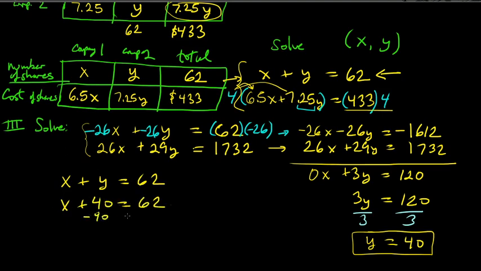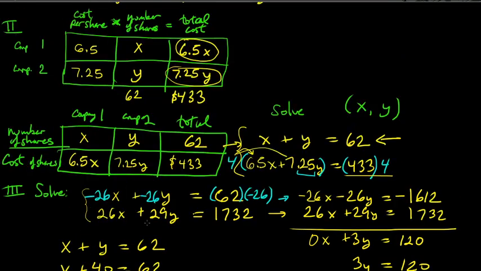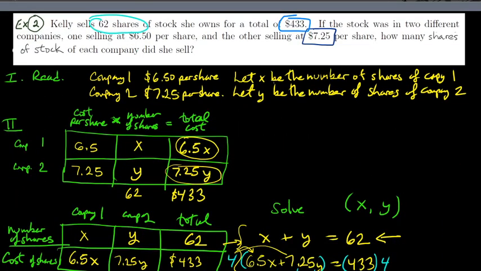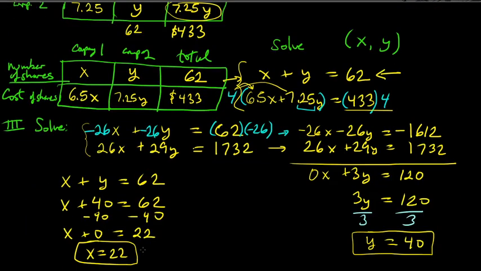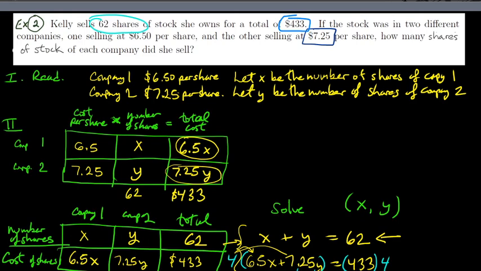Take away 40 from both sides, and 62 minus 40 is 22. So x has to be 22. But 22 what? $22? No. So let x be the number of shares. So we're talking about 22 shares of stock.